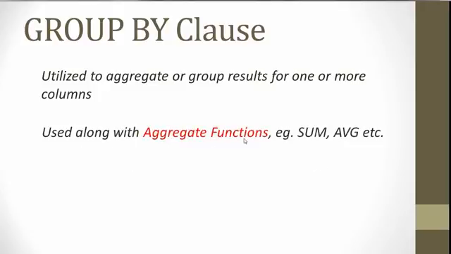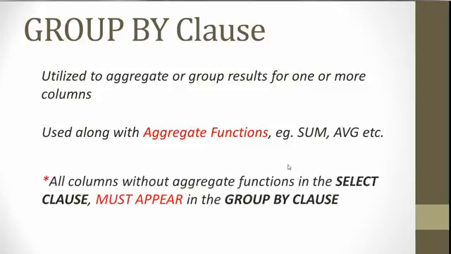They are used along with aggregate functions like sum, average, etc. Now if you have any columns in the select statement, they must appear in the group by clause unless those columns have an aggregate function in the select statement. So we'll be taking a look at some examples. This will become more clear to us then.